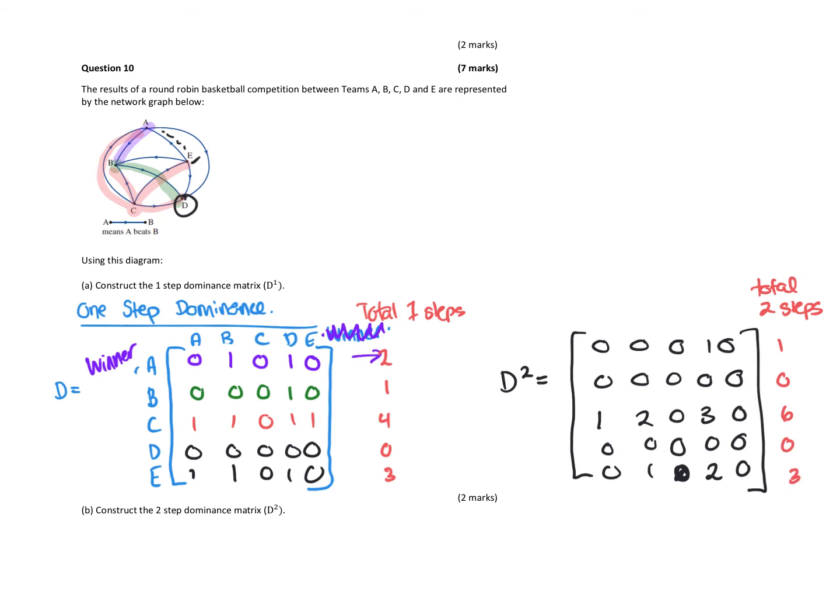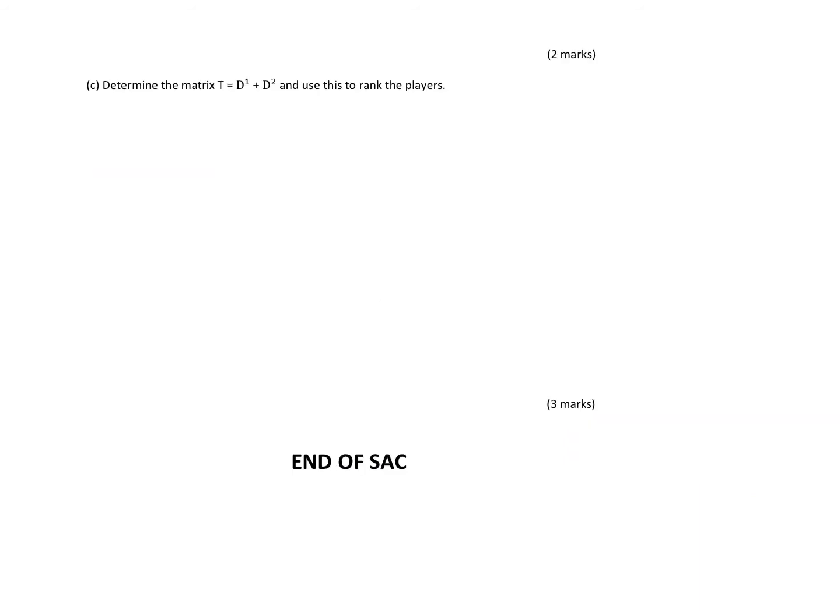But often they say the winner is the 1 and 2 steps, which they ask you here. So all you have to do is just do it on your calculator. They want the total, and they're saying it's the D matrix plus the D squared.